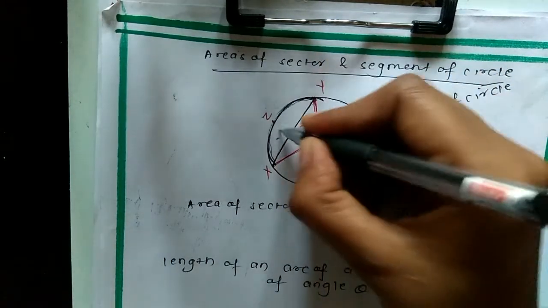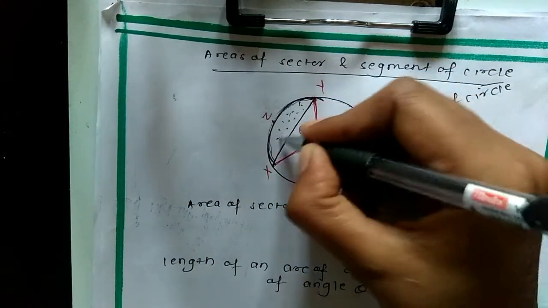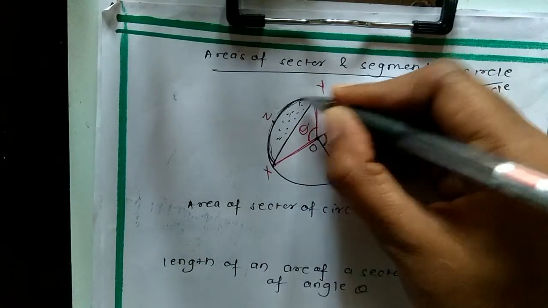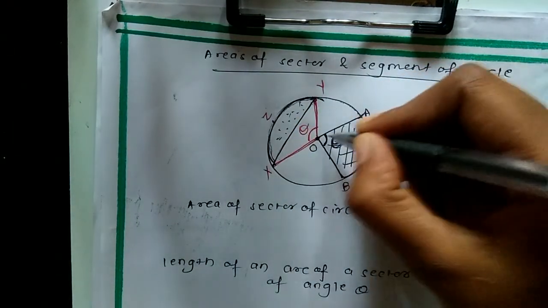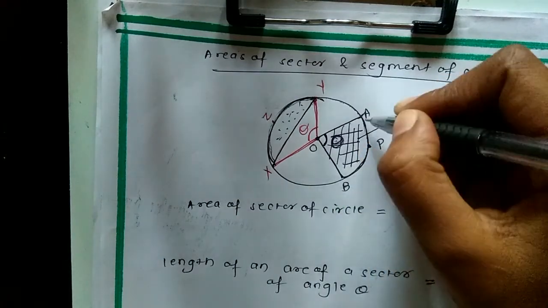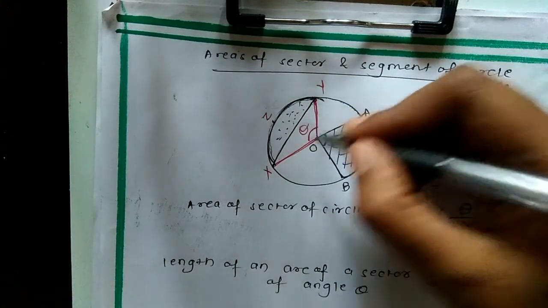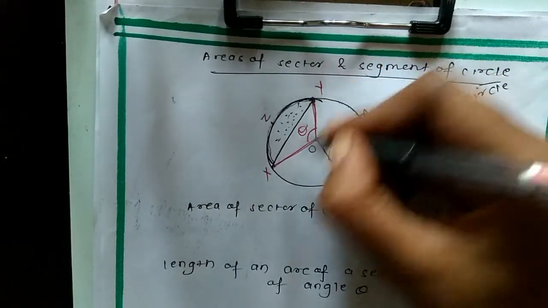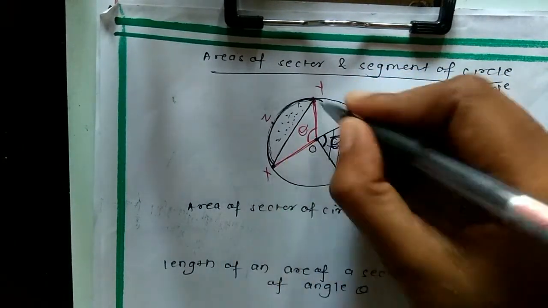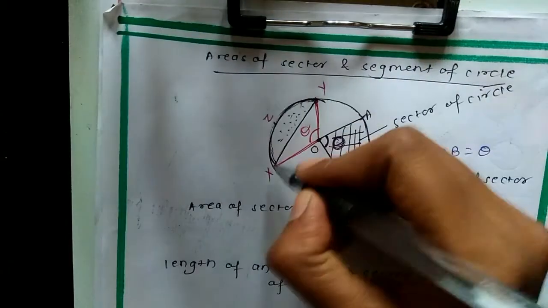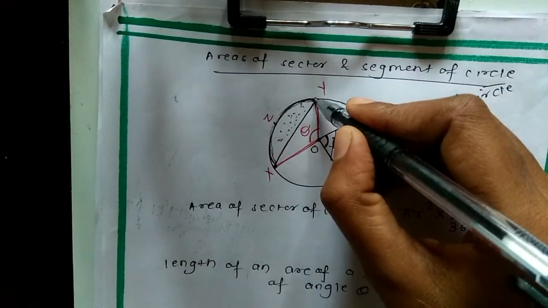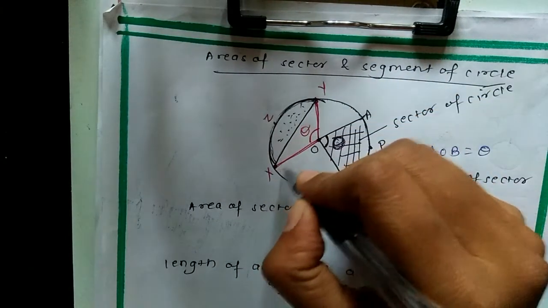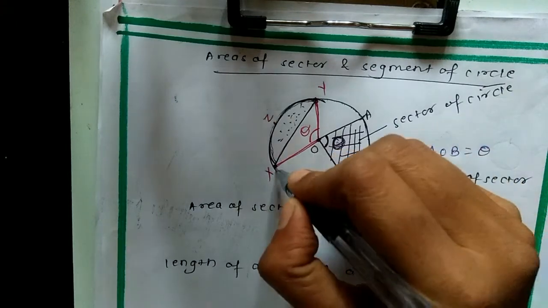So this dotted portion is called the segment. A segment is formed by a chord and the corresponding arc. A sector is formed by two radii and the corresponding arc. So how are we going to find it? We don't have a direct formula for this, so what you have to do is join the endpoints of the segment with the center, so that you will get one sector. The sector is OXZY.